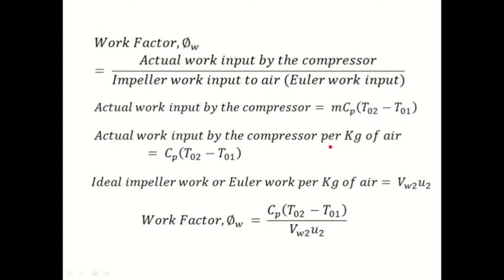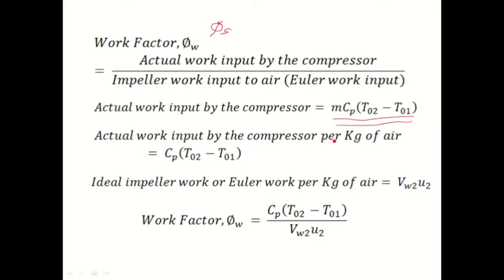It is represented by phi W; earlier, slip factor was represented by phi S. The actual work input by the compressor is m Cp into T02 minus T01, the stagnation temperature at outlet minus that at inlet.